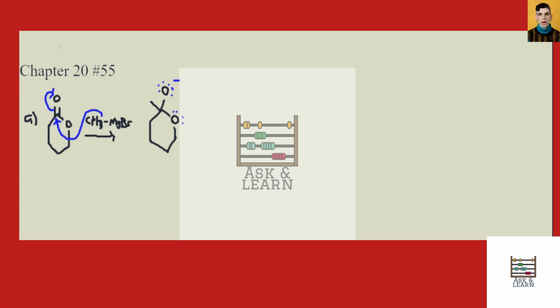And so the next thing that can happen is the alkoxide can go to reform the double bond there. That's going to cause this other carbon-oxygen bond to break. And when that happens, that is going to open up our ring.